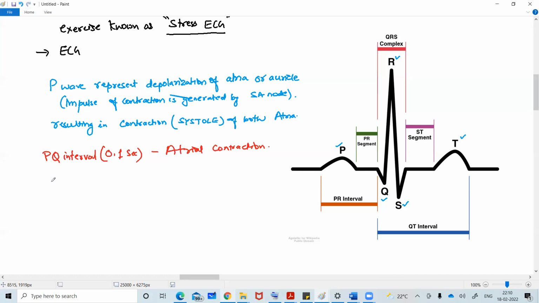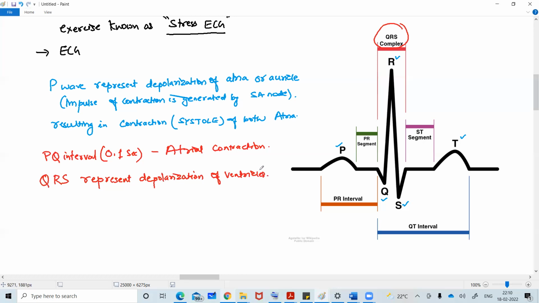Next point is QRS. This one starting from Q, then R peak, and then S. This QRS complex shows depolarization of the lower part. You can say it represents depolarization of the ventricles.